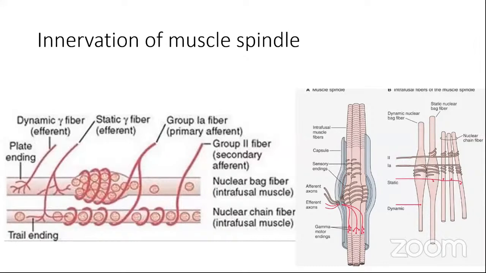The afferent axons give sensory endings to the nuclear bag fibers that supply the non-contractile middle of the muscle spindle.